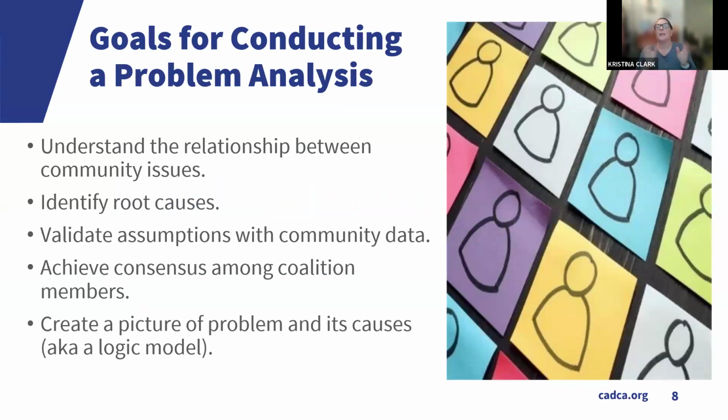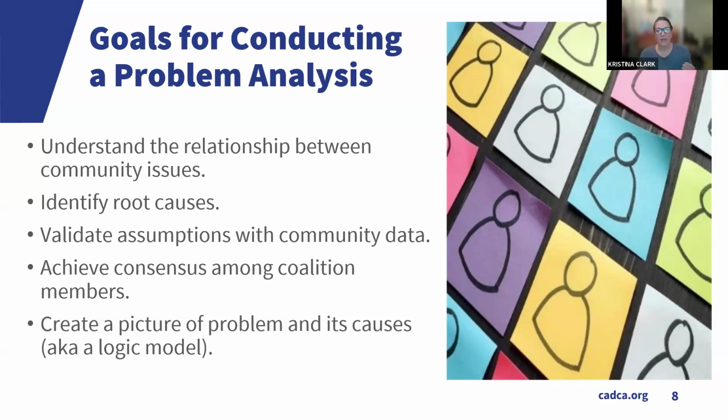So the goals of a problem analysis are to understand the relationships between community issues. Again, how does underage drinking relate to availability, relate to the fact that parents are drinking at high school football games? How are we mapping out all the behaviors we're seeing? It allows us to unpack those root causes.